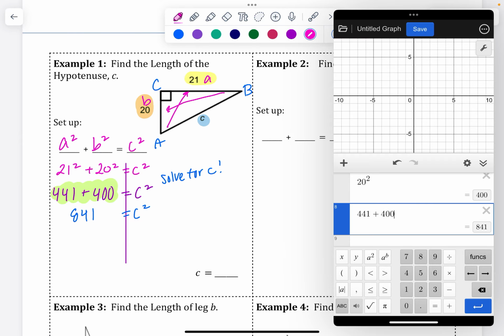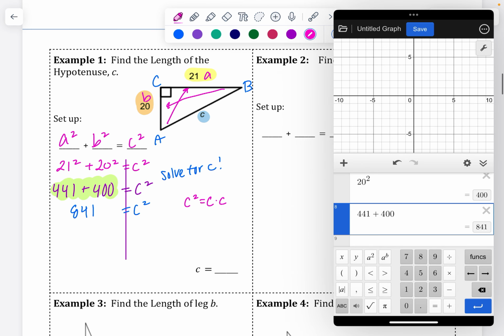So from here, C squared means C times C, but I only want one C. So to take away that squaring, right, the C squared, I'm going to go ahead and square root both sides. That is like the most important thing. Right? If I take the square root of C squared, what pops out is C.